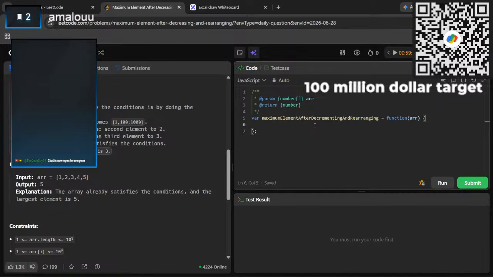Okay, I understood the question. Let me try. First thing is that the first element must be 1, and the first element minus the second element should be this thing.